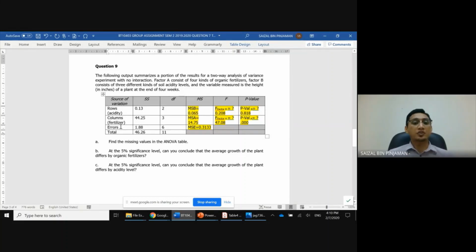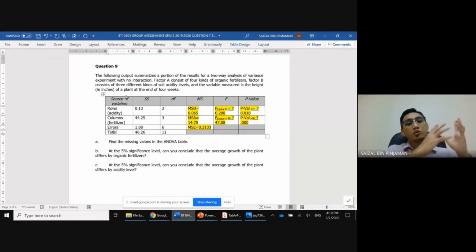The error means sources of variation that don't belong to acidity or fertilizer, but contribute to the height of the plant. So you have other factors that may influence the height of the plant apart from acidity as well as fertilizer.